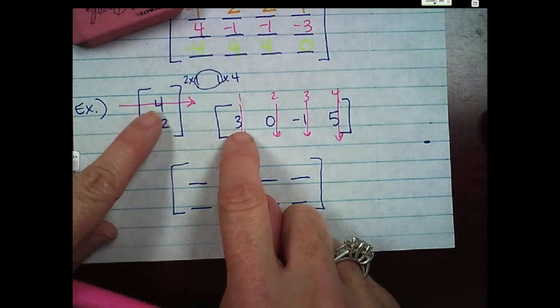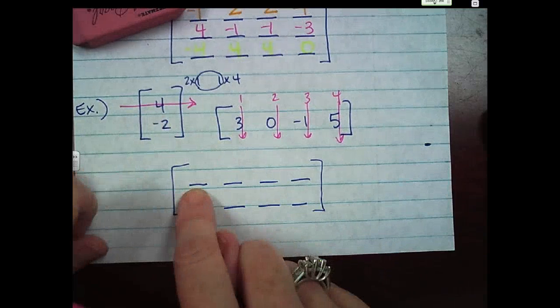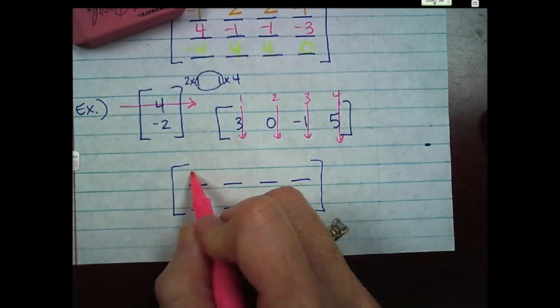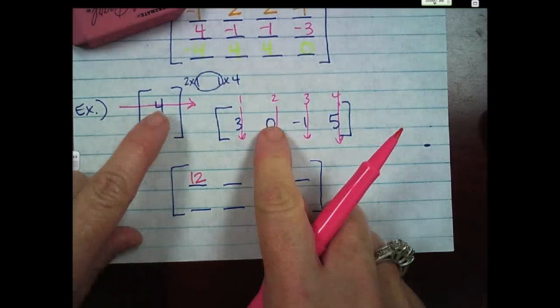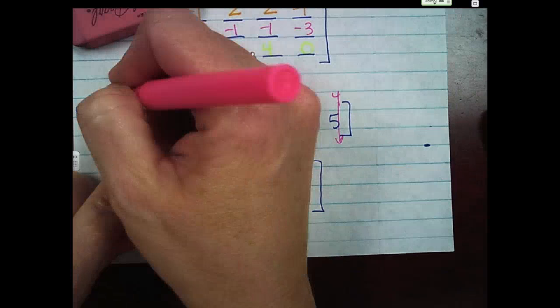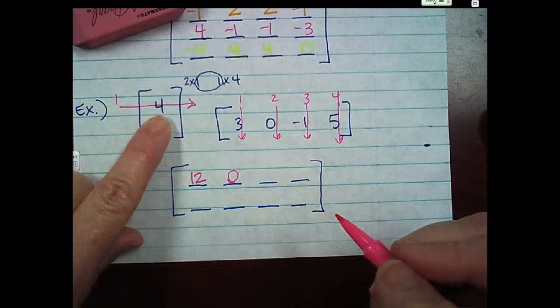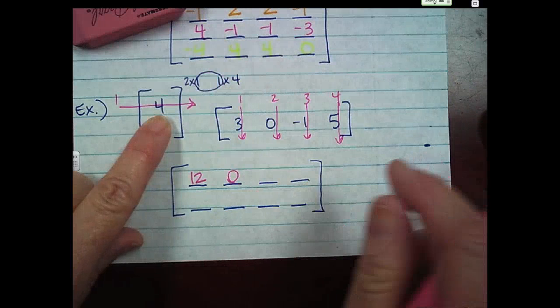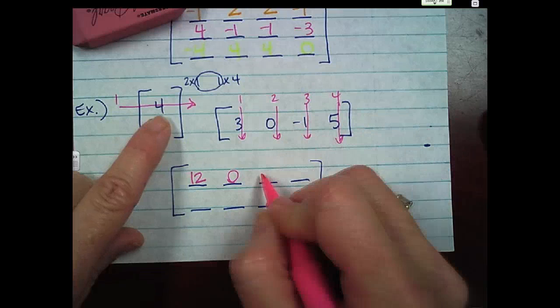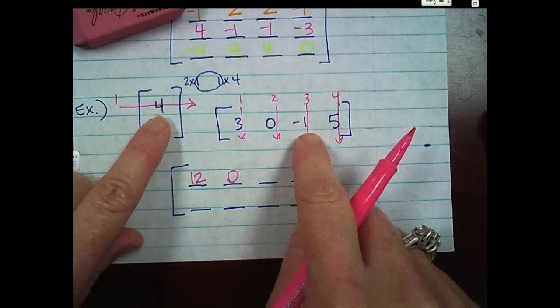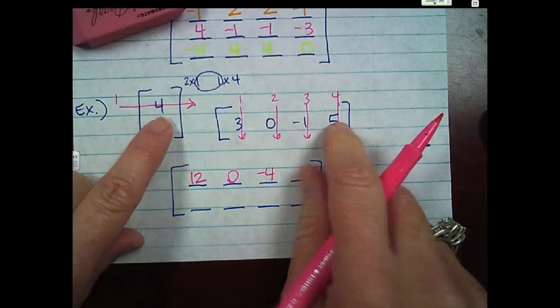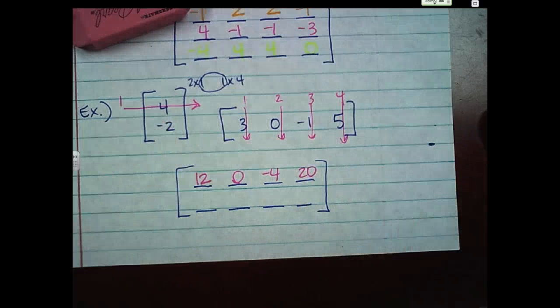That's all that's there. So what goes in this spot? 12. Now then 4 times the next column, 0. Remember, you write your answers across. 4 times -3 is -12, 4 times -1 is -4, and 4 times 5 is 20.